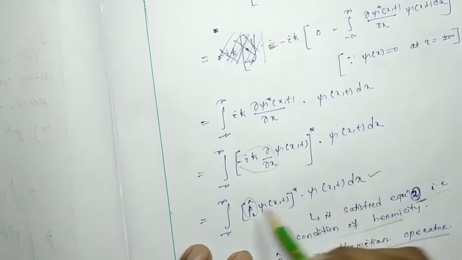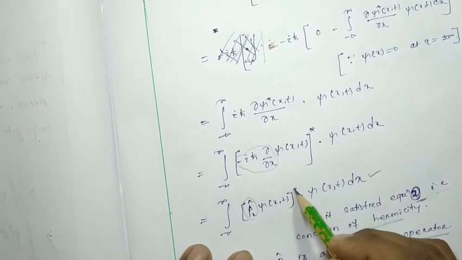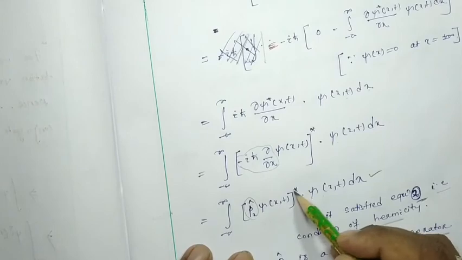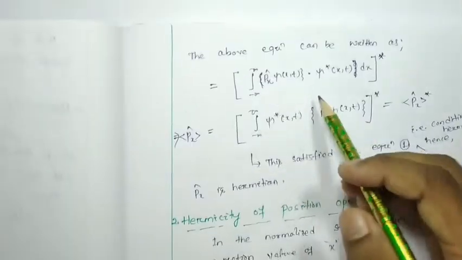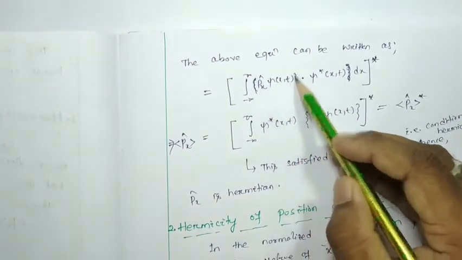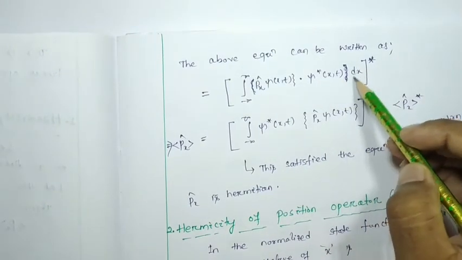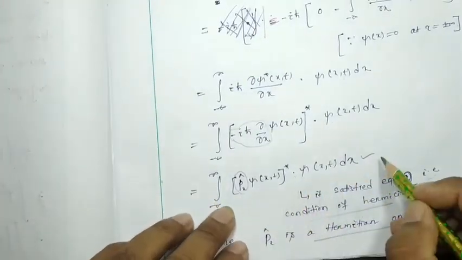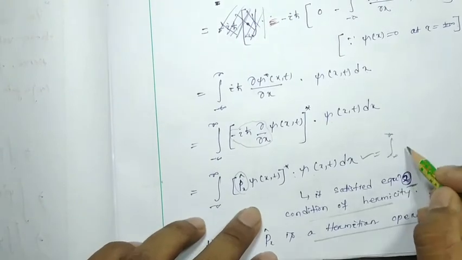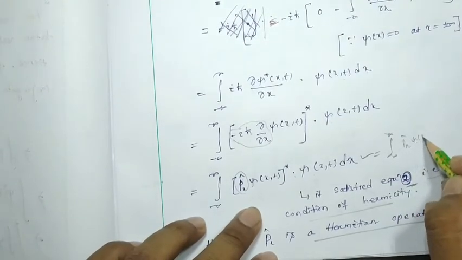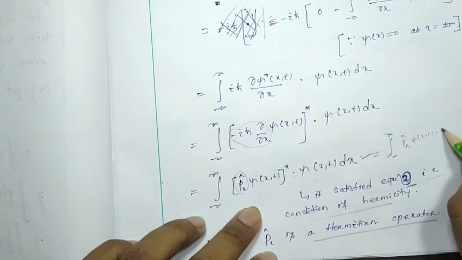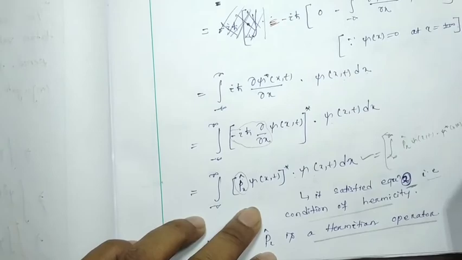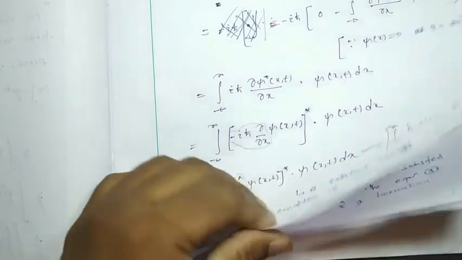If I write the whole star, then this star will be removed, or it will be written as px cap psi(x,t) into psi star(x,t) dx, integration to the power star. You just check it. This can be written as the integral from minus infinity to plus infinity of px cap psi(x,t) into psi star(x,t) dx, of whole star. It can be written like this. The same thing I have written here.